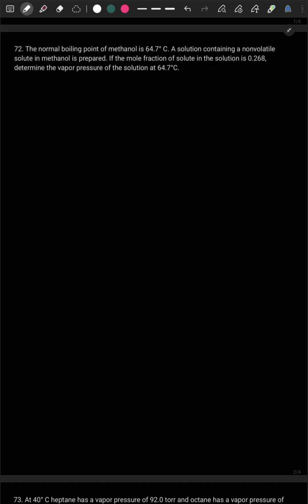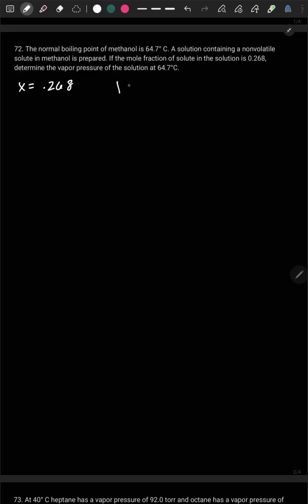What do we have here? So we know that the mole fraction for the solute is equal to 0.268. So from here, we can actually find the mole fraction of methanol in this same solution, because whenever we have mole fractions, they always have to add up to 1.